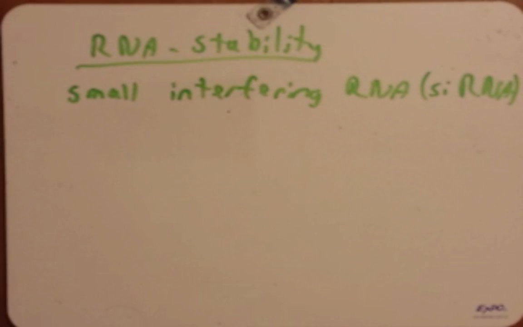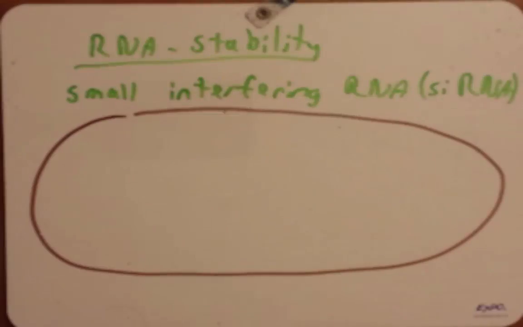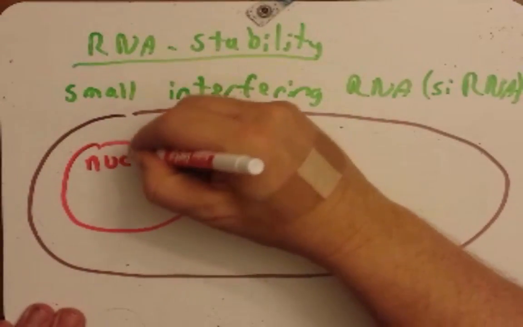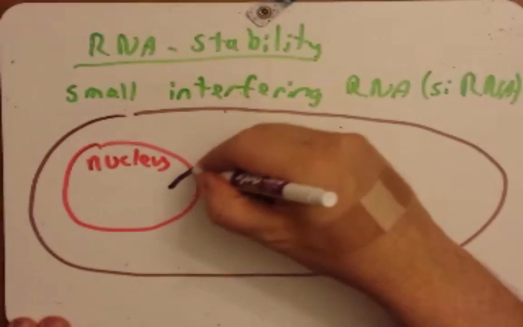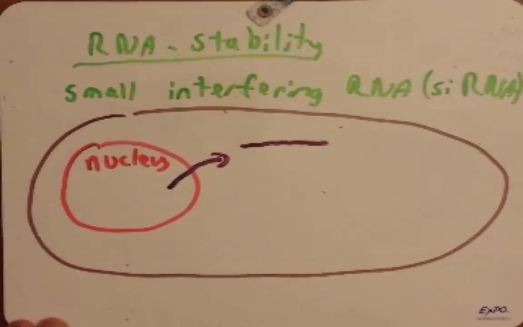All I want to mention about these is, remember that in a eukaryotic cell, we have our nucleus here, and this nucleus will make a messenger RNA through transcription. It'll be processed in all the ways that we learn, and then it leaves the nucleus.